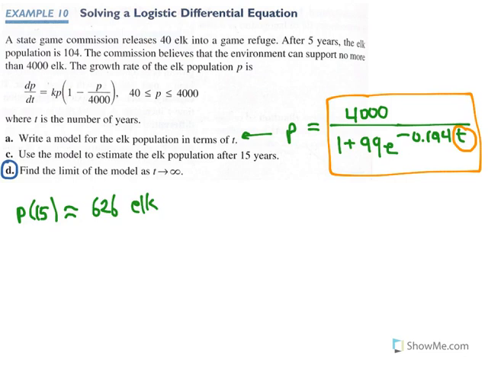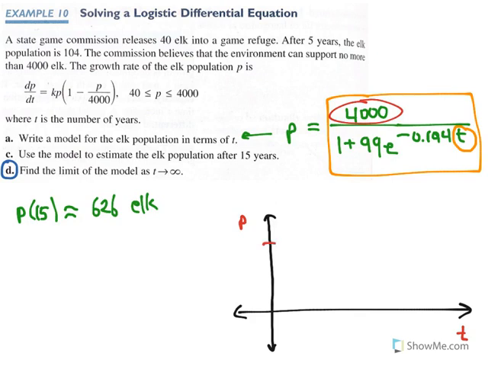Now this is something for you to understand, and if you understand populations that are modeled by the logistic differential equation and the logistic equation, then it's actually something that you will know right away, because the carrying capacity of the population is 4,000.